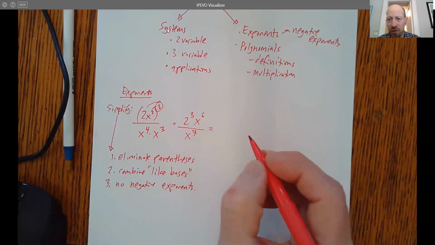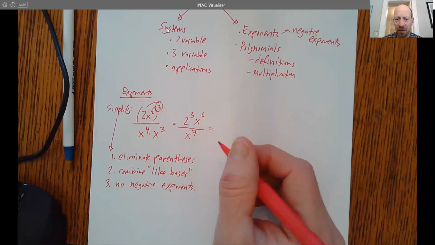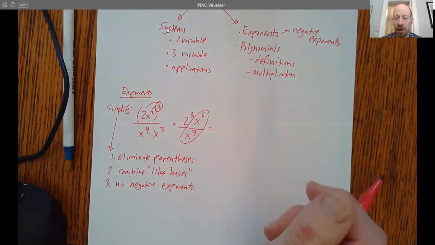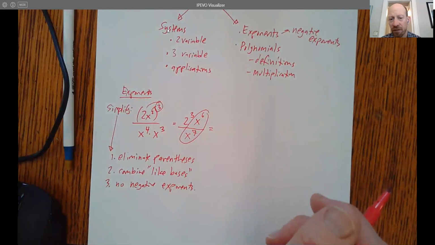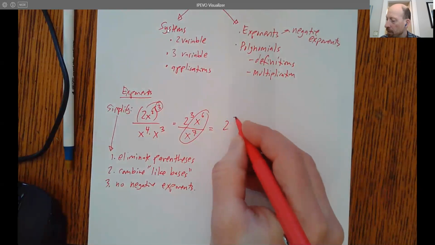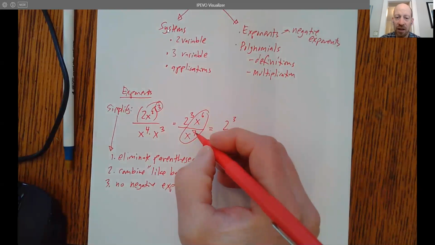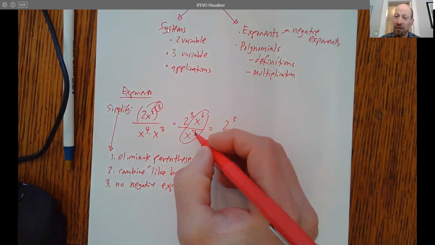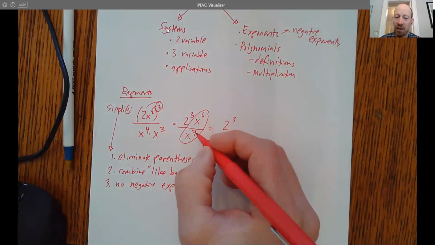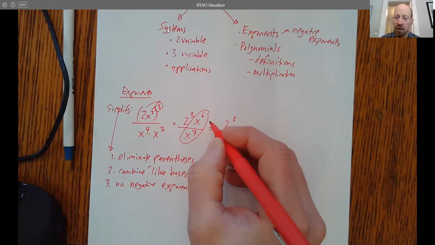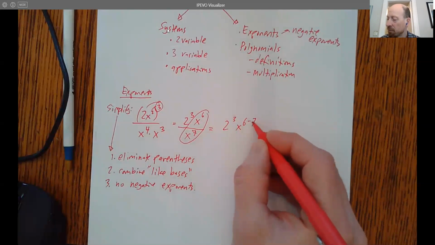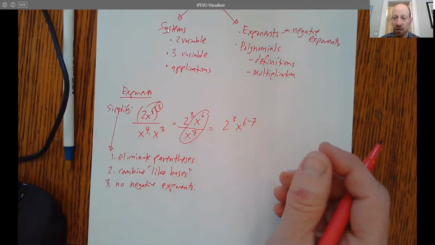Now, I guess you could say this does have a little bit of a negative exponent here because I still want to combine these two bases together. I don't want both an x to the 6th and an x to the 7th. And the rule for that is anything on the bottom we can think of as a negative exponent. So if I want to combine these together, this plus 7, I can bring it up and think of it as subtraction, or a negative 7 up top.